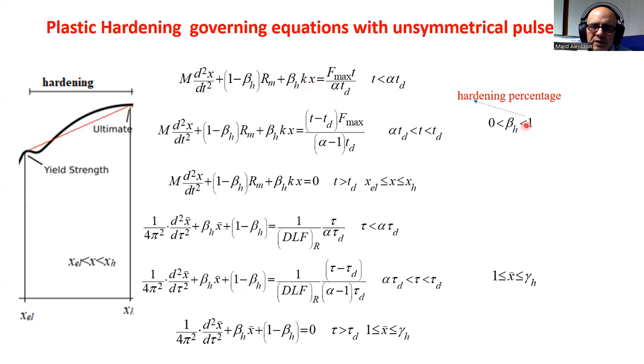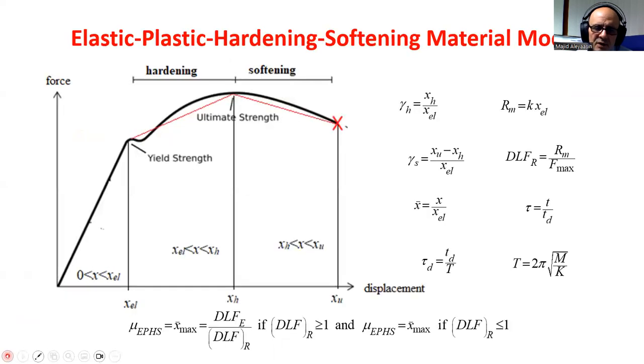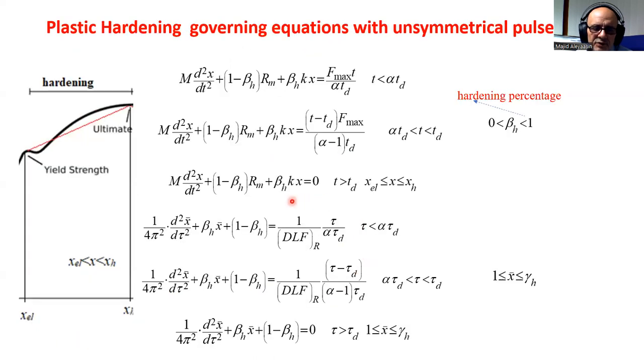So the equations become one term extra. Here we have one term extra. Here we have one term extra. If I want to non-dimensionalize it based on these parameters that I have explained here, then it comes to these three equations. So I have three equations here, all non-dimensional. Solving this differential equation directly gives me the ductility ratio.